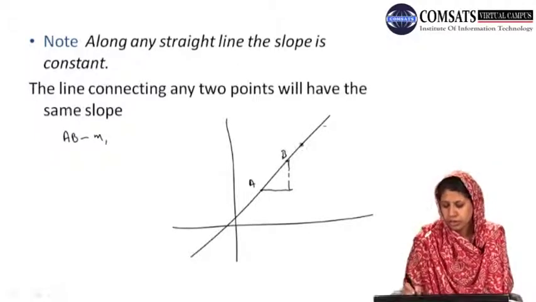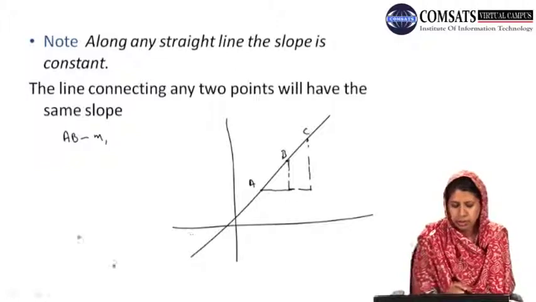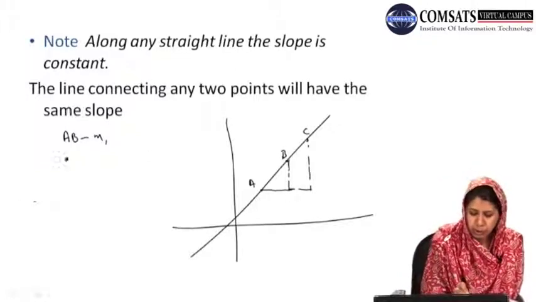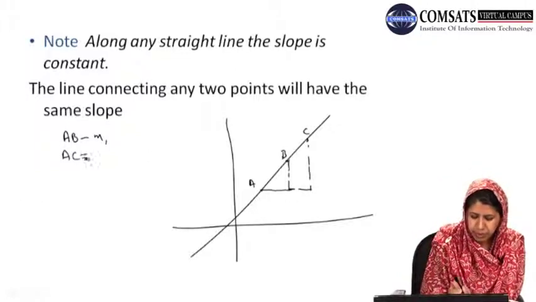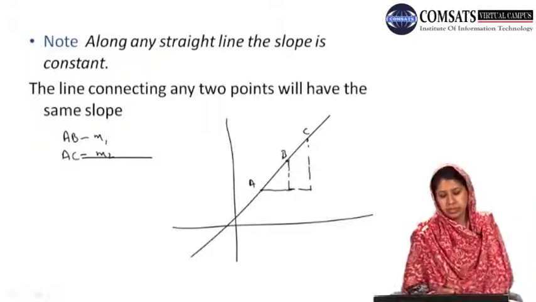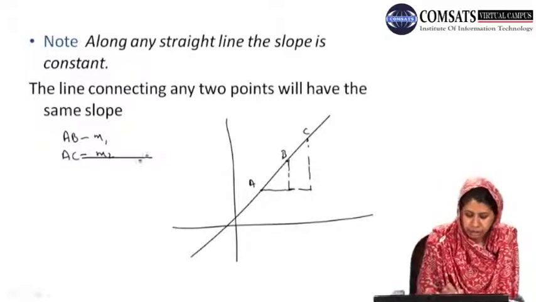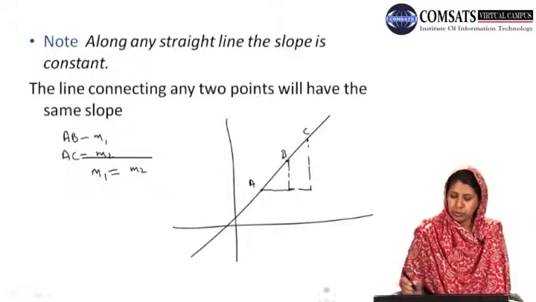If we take another point C, then the line connecting the points A and C will have the same slope as the line connecting A and B. That is, let's say the slope in this case is m2, then m1 will be equal to m2.